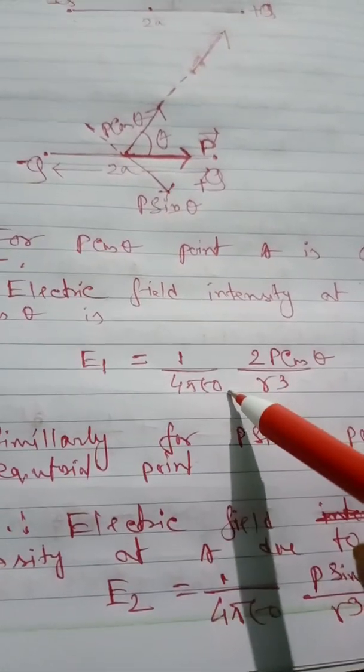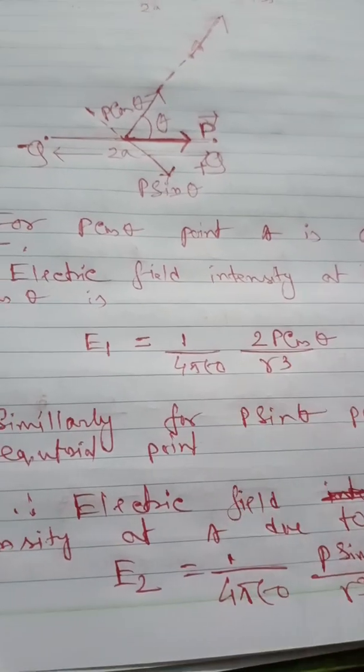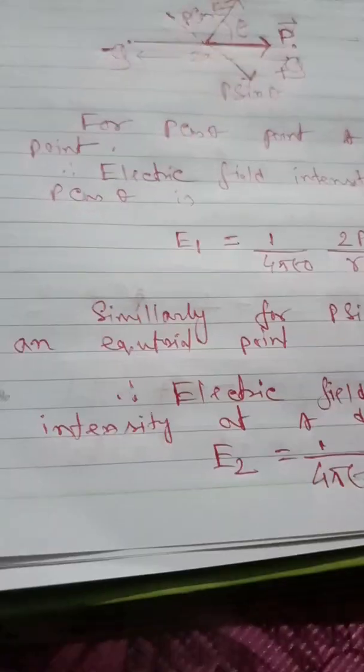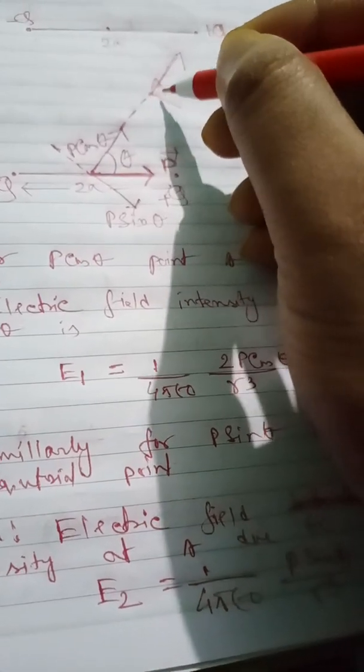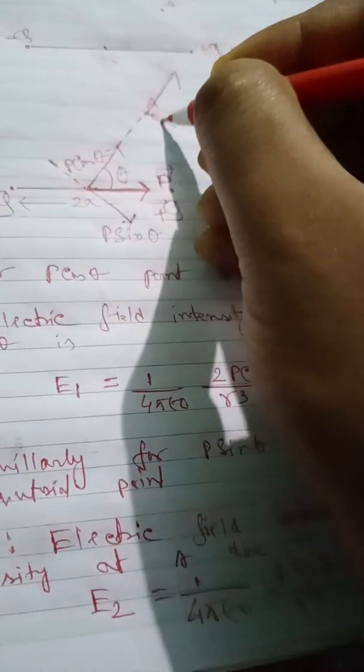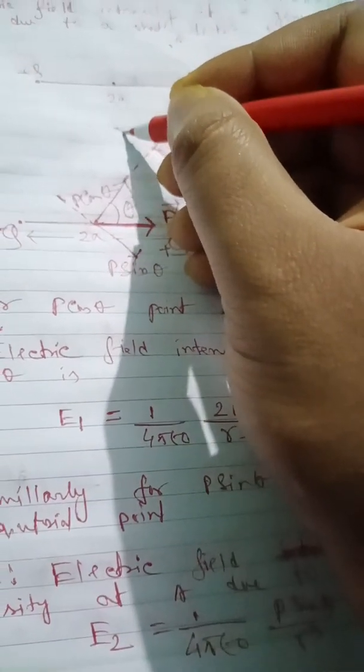So this is the electric field intensity for the component P cos theta, and the direction of E2 will be along this direction. Sorry, not this one, you can write this direction.